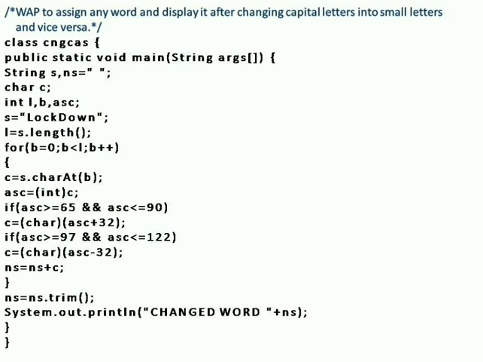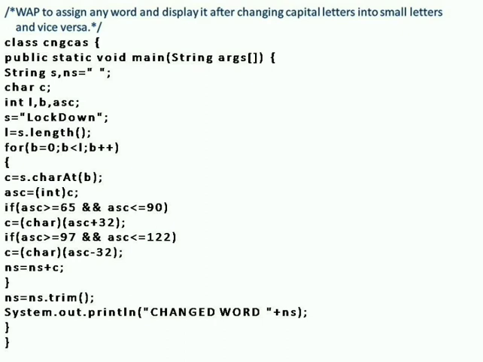After finishing the for loop, we'll trim the value of ns. Why? Because in ns, in the beginning we kept one blank space, and that blank space is not part of the word, so we are trimming it. Ns equal to ns dot trim.